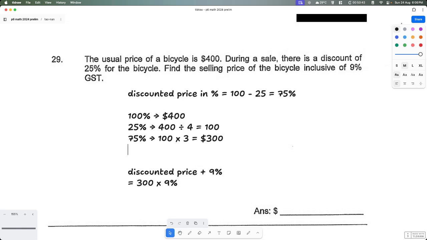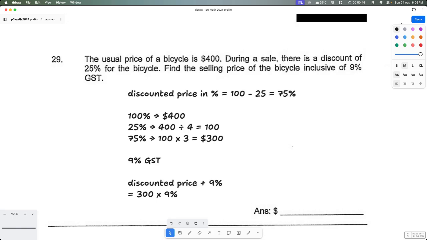So 9% GST is equal to 300 times 9%, which is equal to 300 times 9 out of 100, which in this case is 3 times 9 gives $27. Okay, so discounted price plus 9% is 300 plus 27, which is equal to $327 in this case. Okay, so that's the answer, $327.